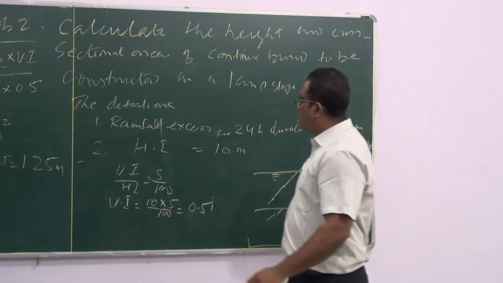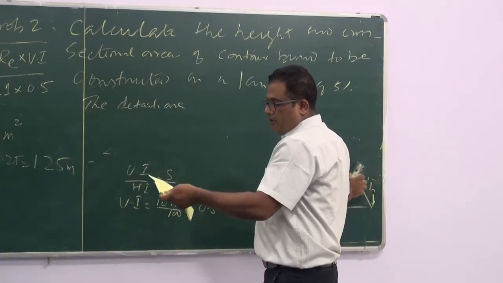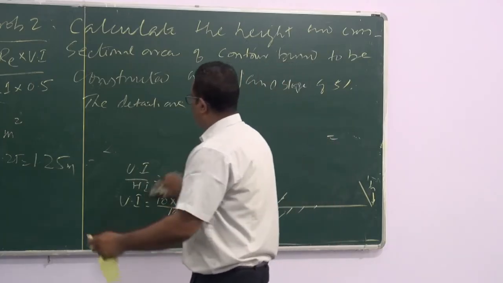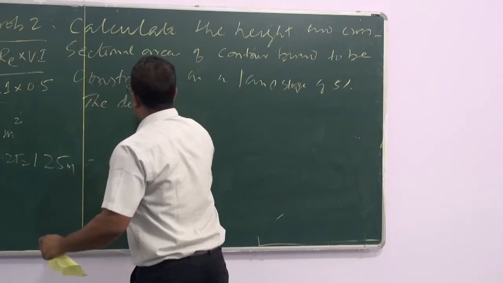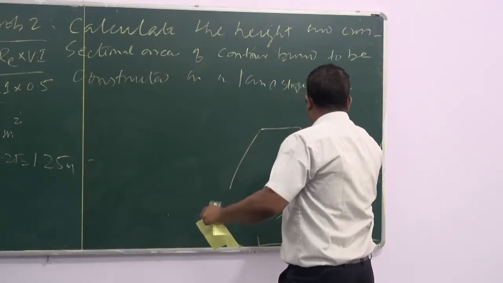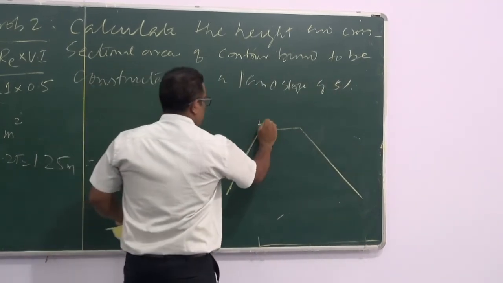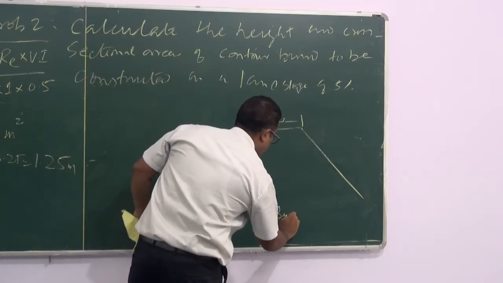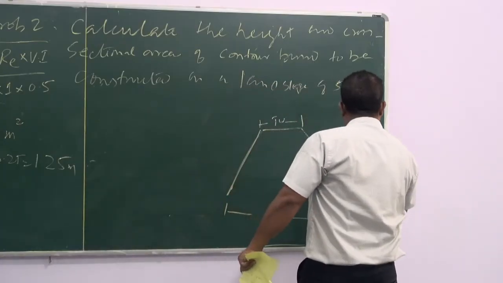The second part, what was the second part? Cross-sectional area. Cross-sectional area, that is top width, bottom width, and this height has to be taken into account.